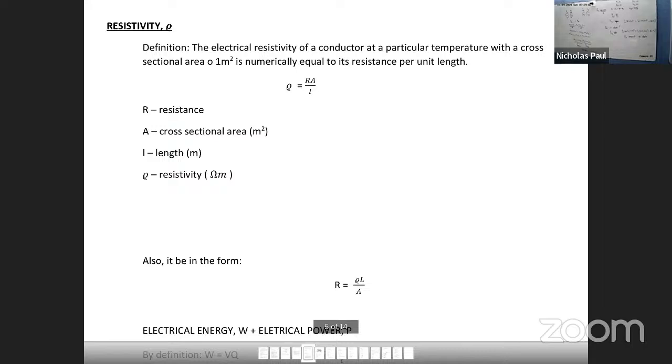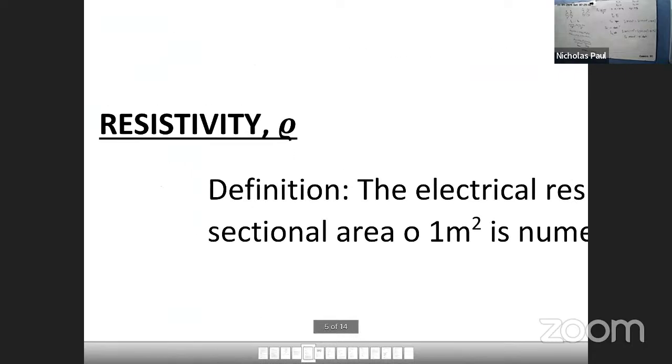Before we look at drift velocity, there's a quantity that we need to know called resistivity.